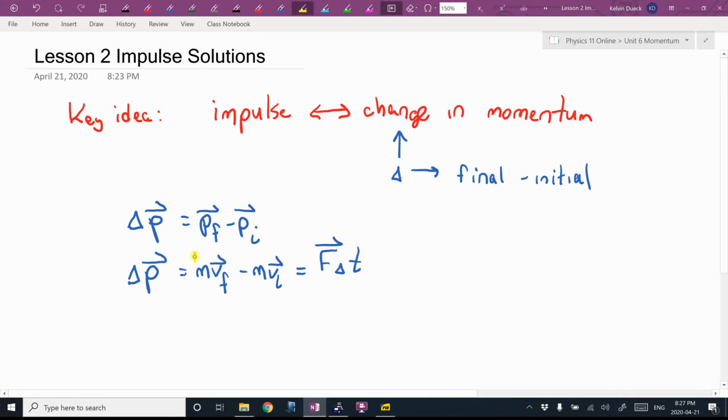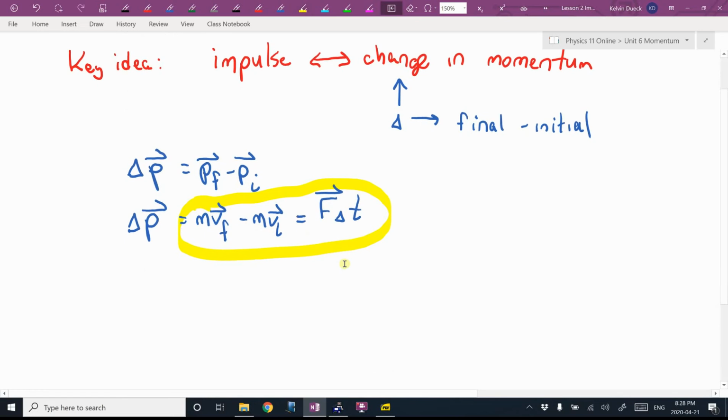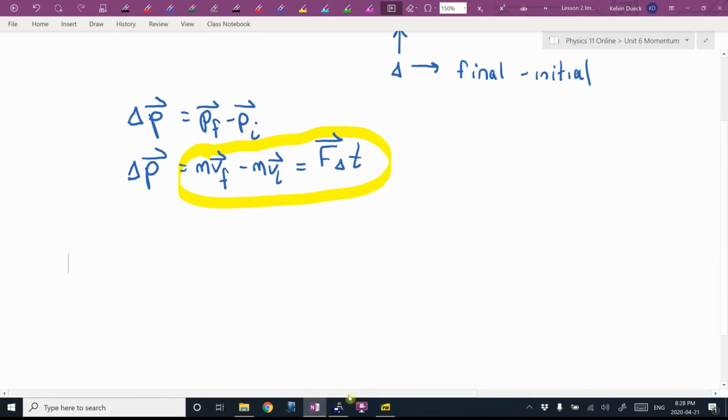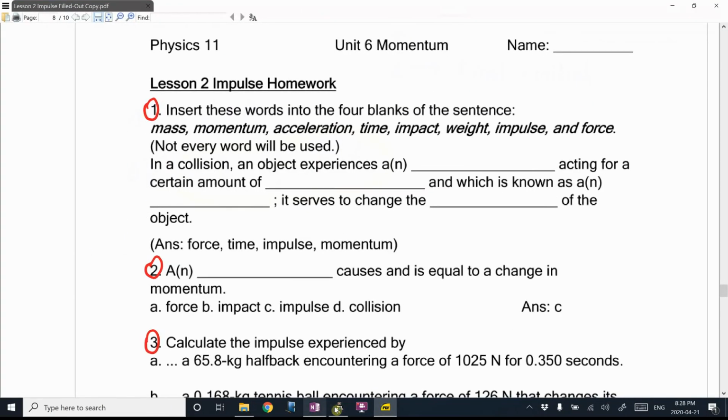And this right here is a very, very useful shortcut, because in one equation we can then use all of the stuff we learned before Christmas about velocity and kinematics and acceleration and all of our forces stuff. It's an equation that contains mass, velocity, force, ma, and time in it. So it's a really useful shortcut because it allows us to combine several steps into one. Having said all that, let's get to the homework.